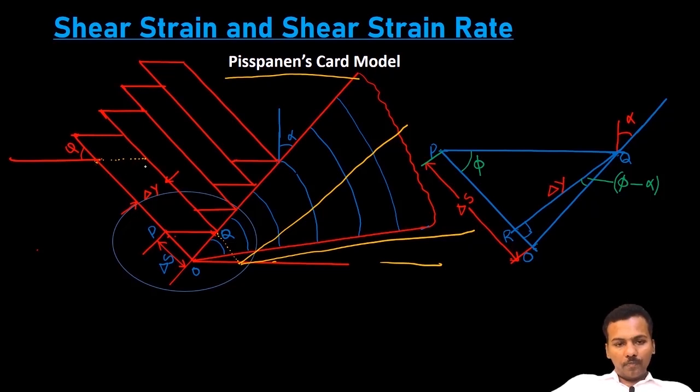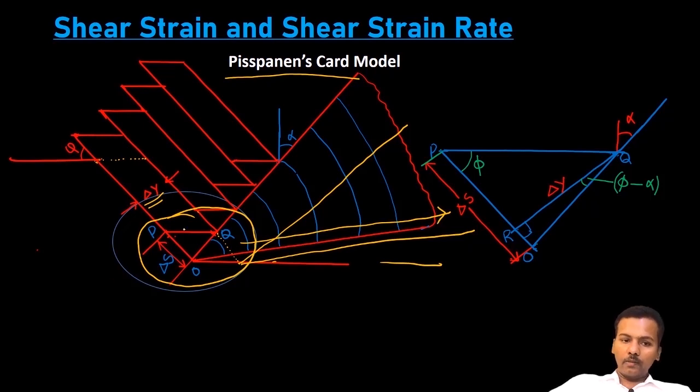From the figure you can observe that this is the normal direction, the material being deformed. When we zoom in on this region, it can be drawn here.